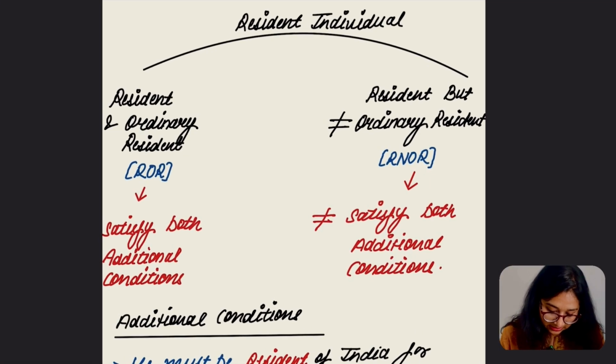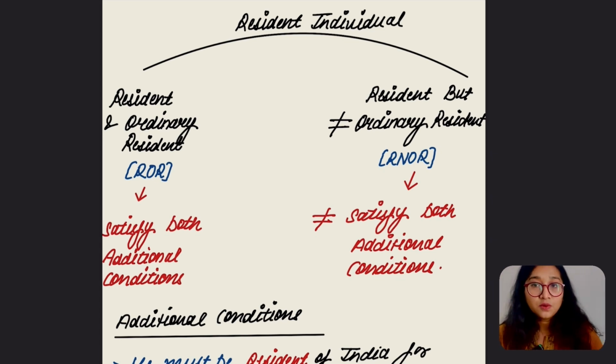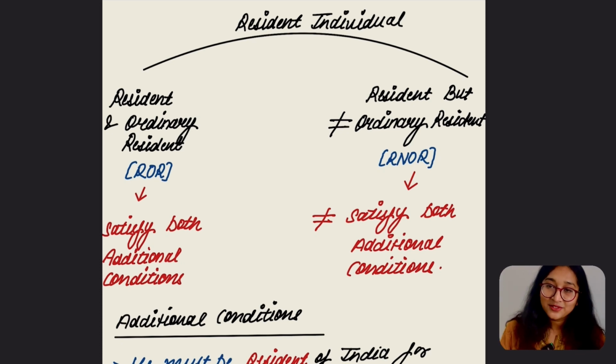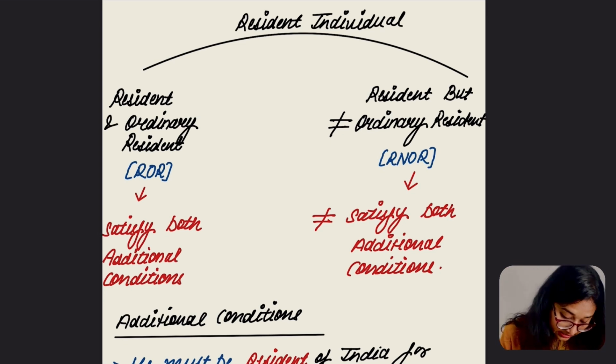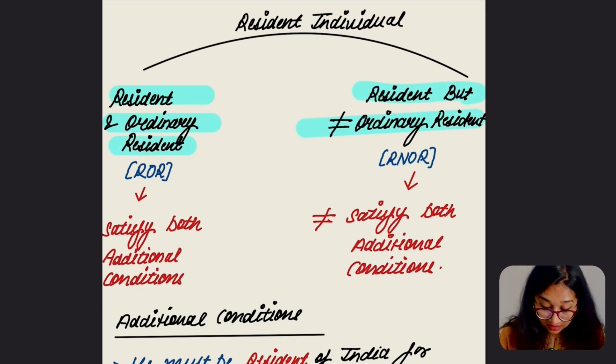Let's go to the other part. Now comes the other thing. We know about the resident person, right? Resident individual and non-resident individual. Now we have to know about resident: resident and ordinary resident, and resident but not ordinary resident.